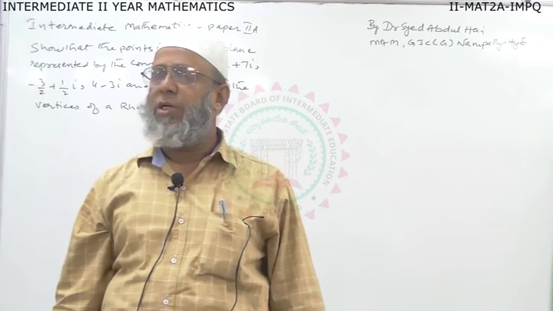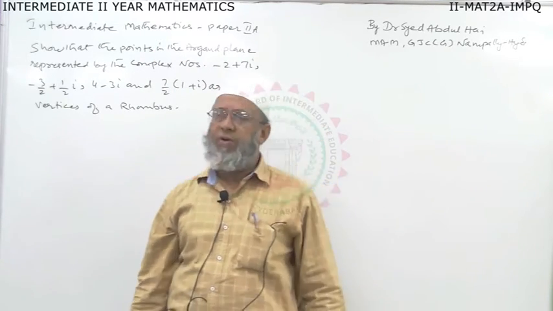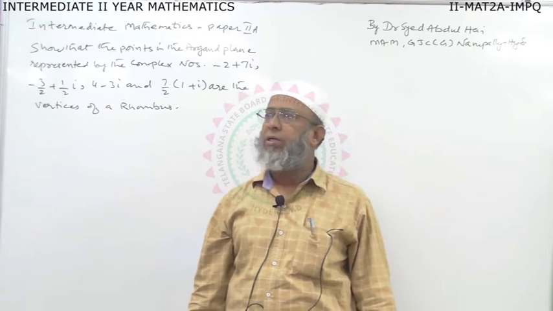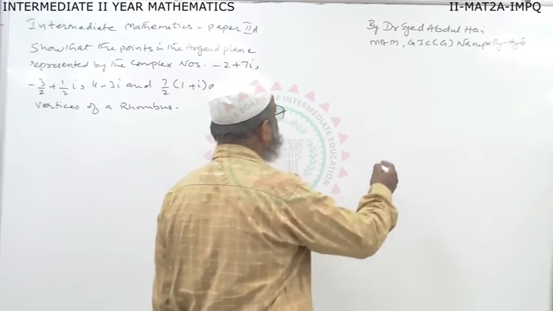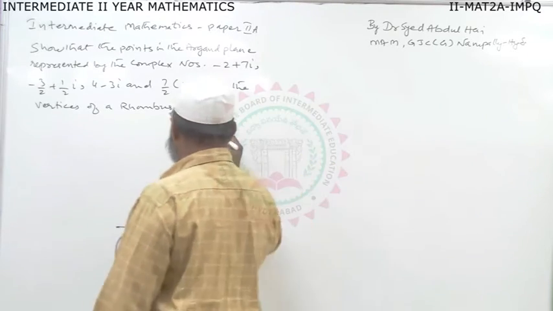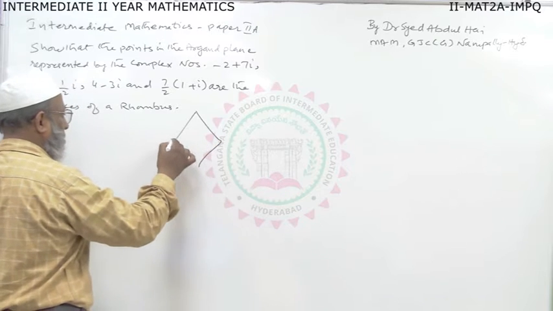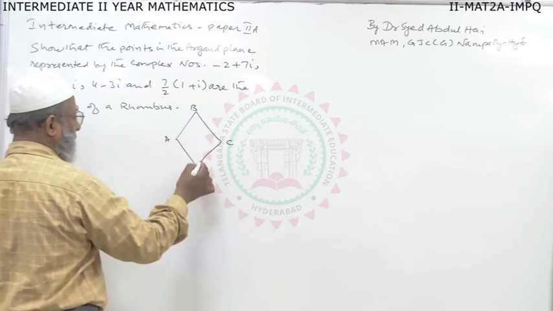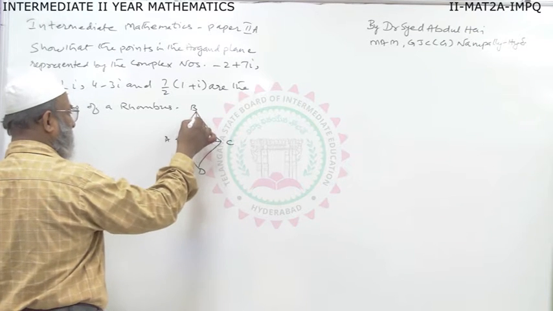In a square, all the sides are equal and diagonals are equal, whereas in a rhombus, all the sides are equal, but diagonals are unequal. So we have to show that A, B, C, D, and these are the two diagonals.